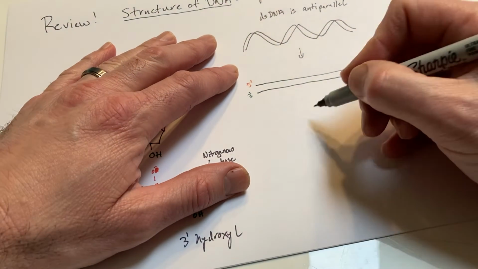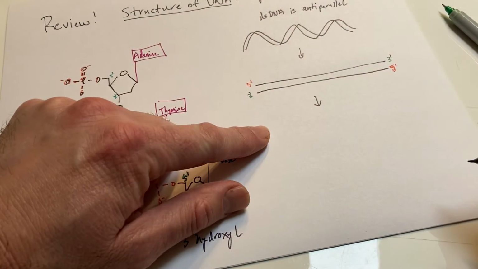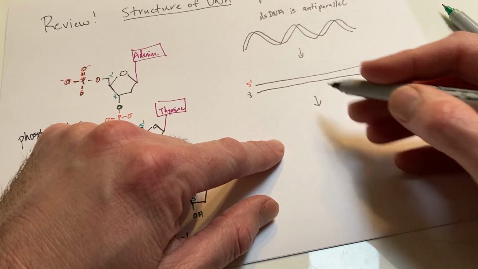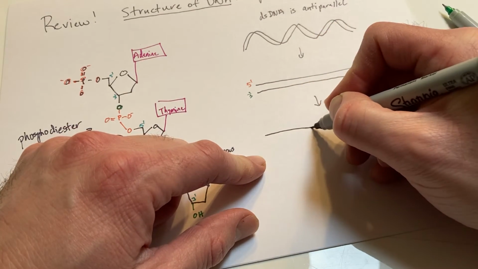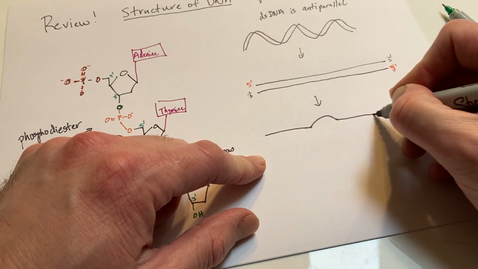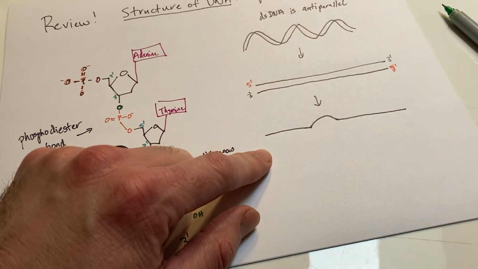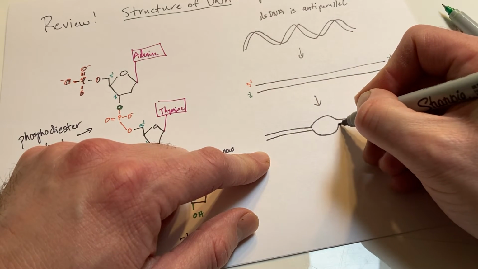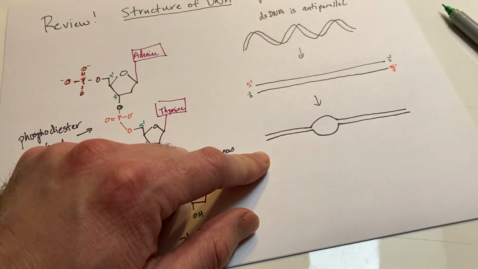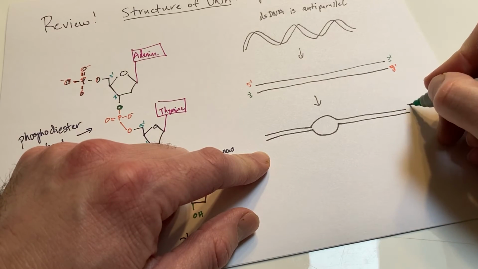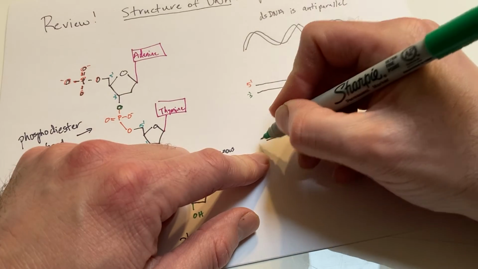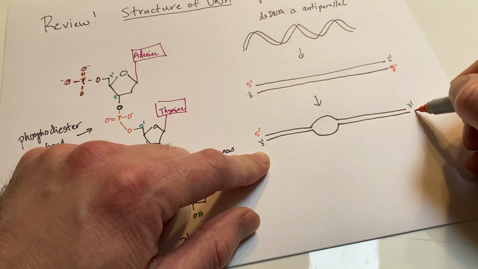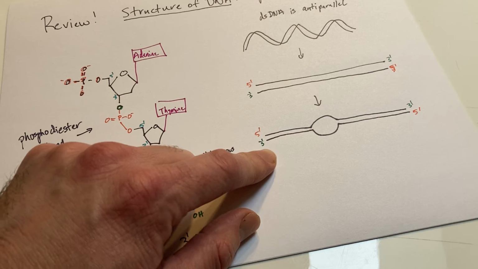I am going to draw these two strands pulling apart, but I'm going to do so in the middle of this strand right here, okay? So there's a little bubble. I'm going to call that a replication bubble because that's where replication begins, in these little bubbles, which you can actually see with an electron microscope, all right? So we're still going to keep our conventions here, 3', 3', 5', and 5', okay?